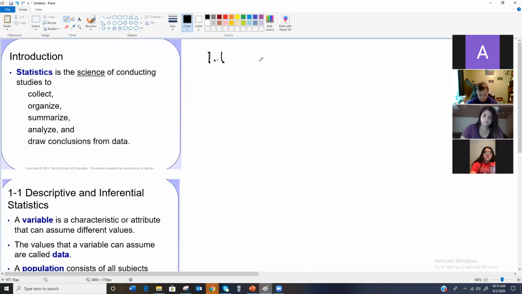So in 1.1, we're going to talk about the difference between descriptive and inferential statistics. And in 1.2, we're going to talk about variables and data.